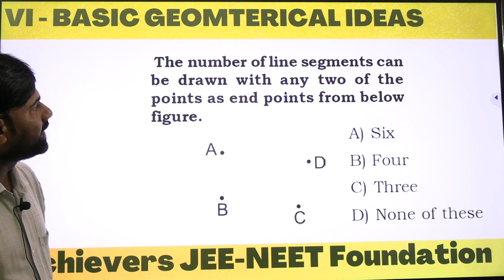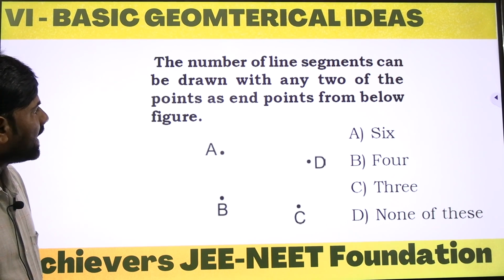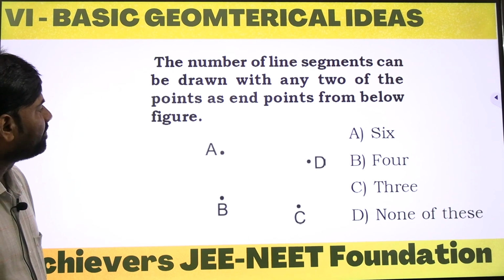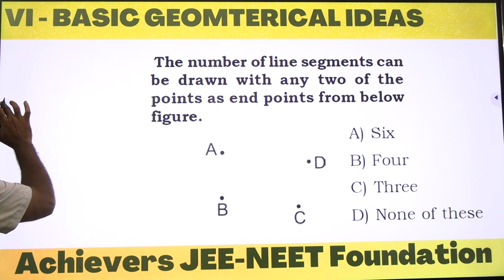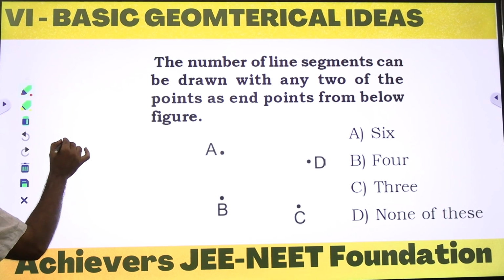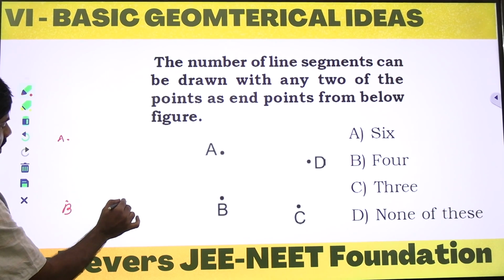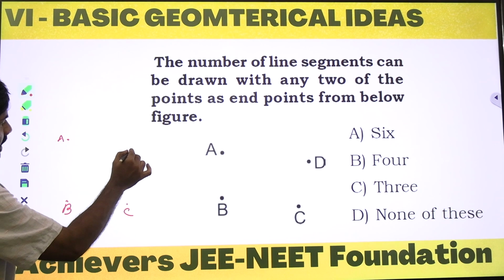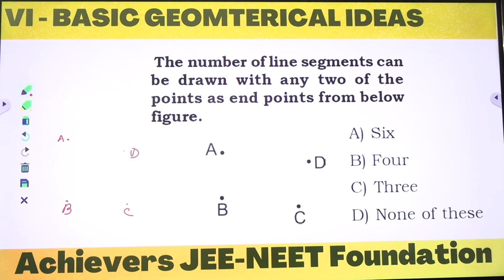Next question. The number of line segments that can be drawn with any 2 of the points as end points from the below figure. Suppose here A is one point, B is another point, C and D. Like this, here 4 points are there.